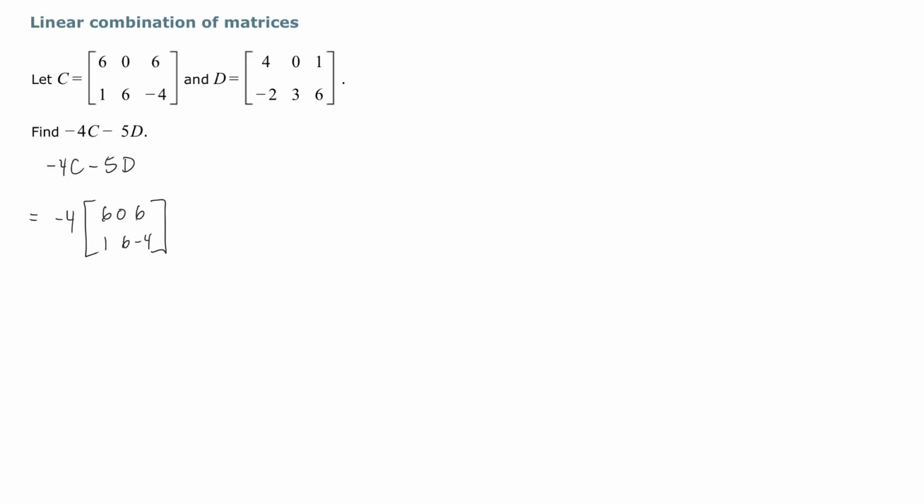Then we're going to subtract 5 scalar multiplied to [4, 0, 1; -2, 3, 6].